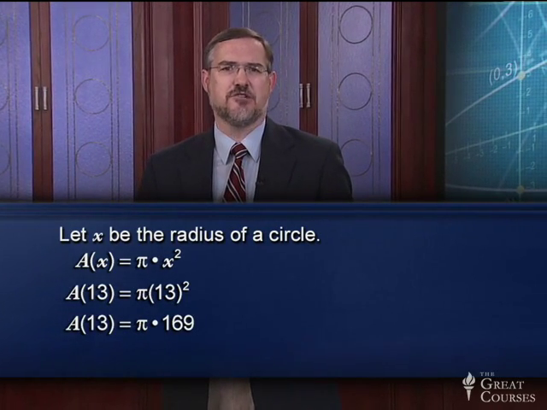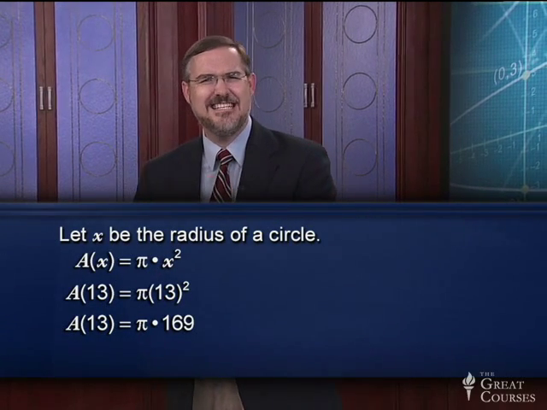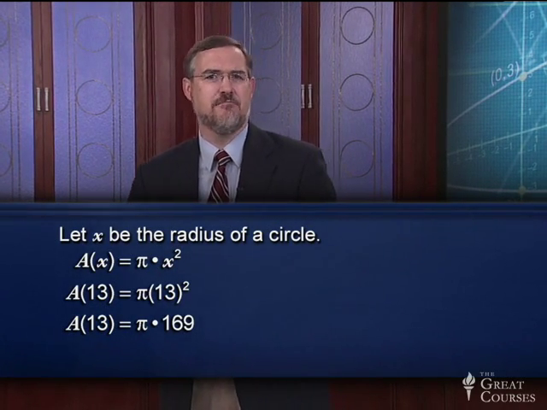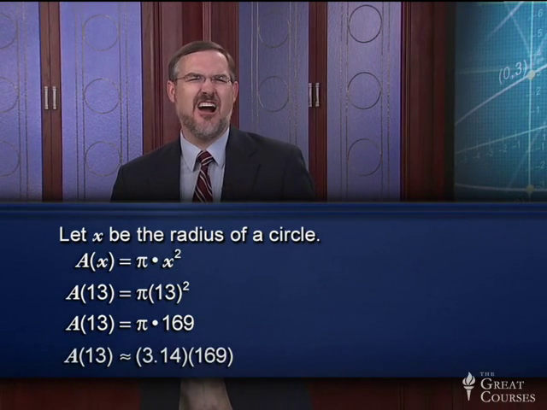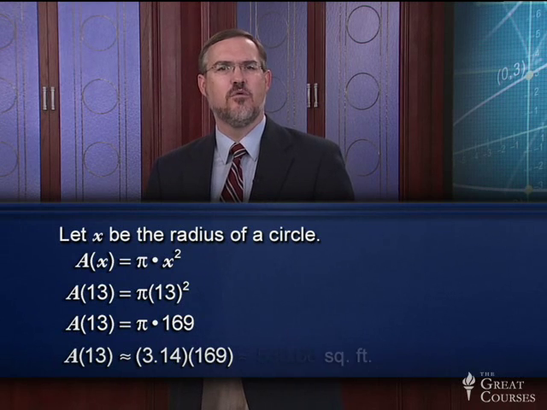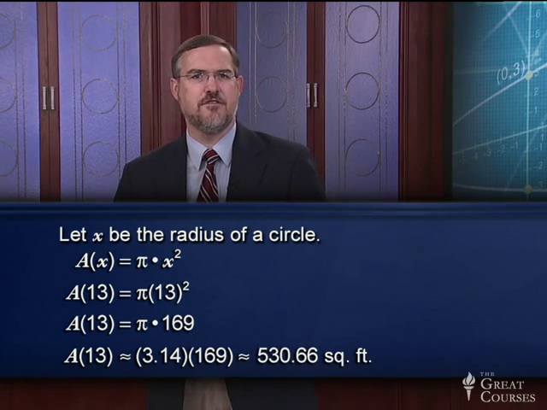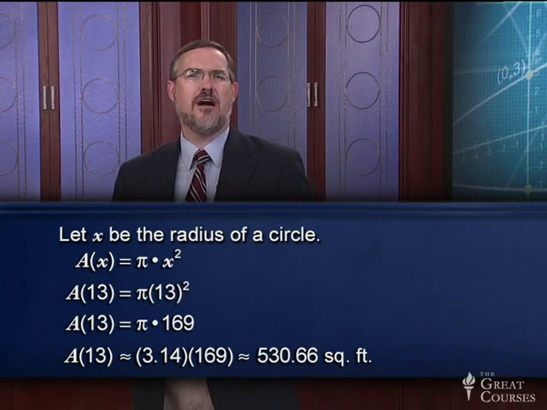And if we use an approximation for pi like 3.14, then we can get a pretty decent approximation for this area. A of 13 is about 3.14 times 169, which is about 530.66 square feet. Now, why might that be helpful?